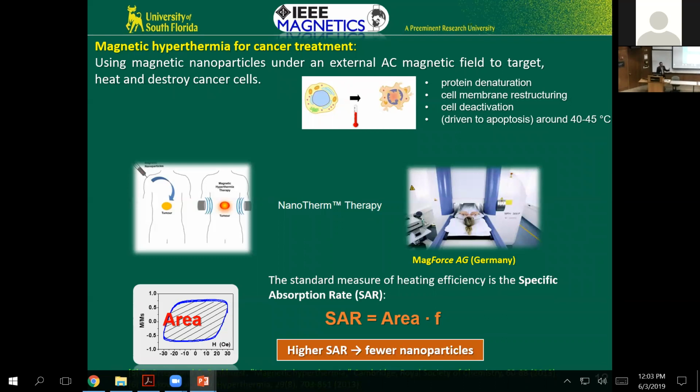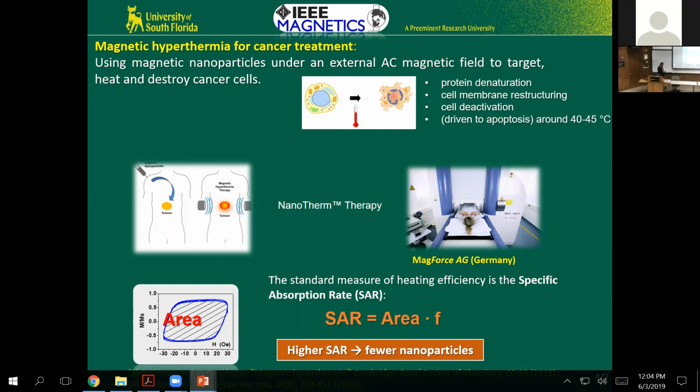Think about it this way: each particle is a super spin by itself, a superparamagnet, and it has a large magnetization. It tries to follow the high frequency, several hundred kilohertz, for example. It cannot. It goes out of phase, and that's how you get this hysteresis loop. So you want AC hysteresis loops to be optimized to improve the heating.